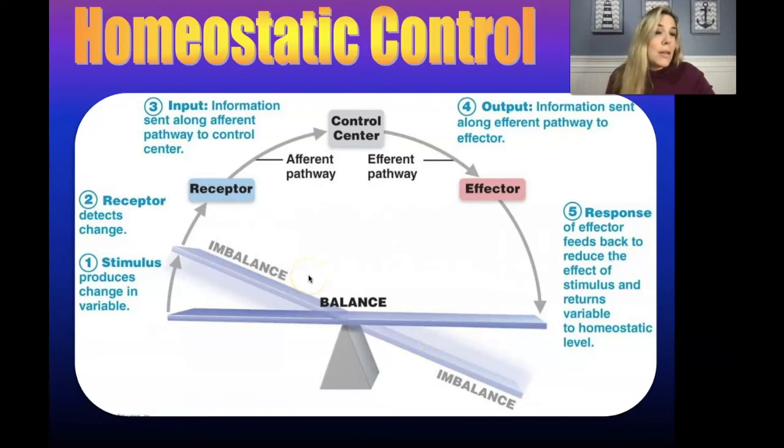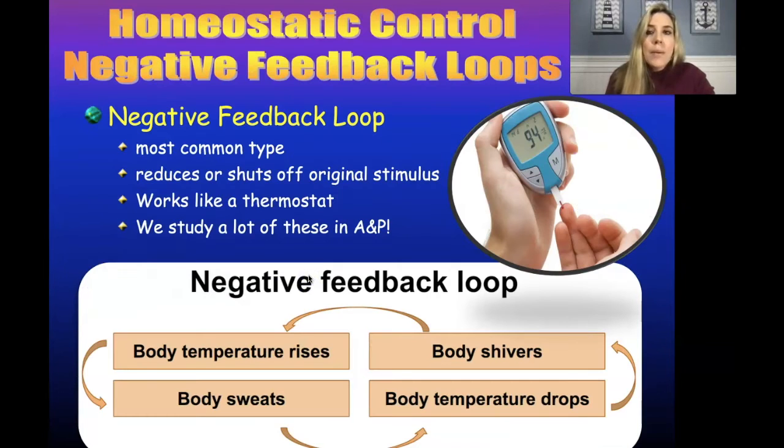But I think the easiest way to understand this is through some examples. So let's first talk about the most common method of homeostatic control, and that is the negative feedback loop, sometimes called negative feedback mechanisms.